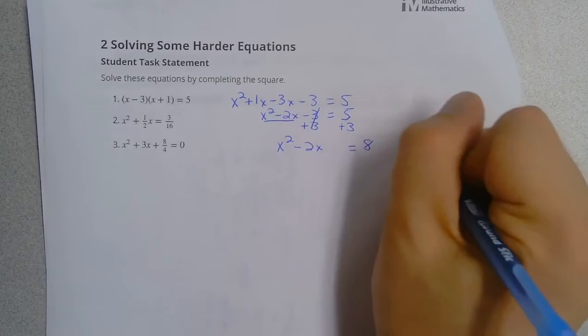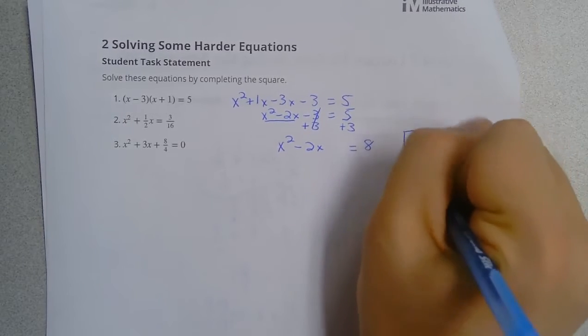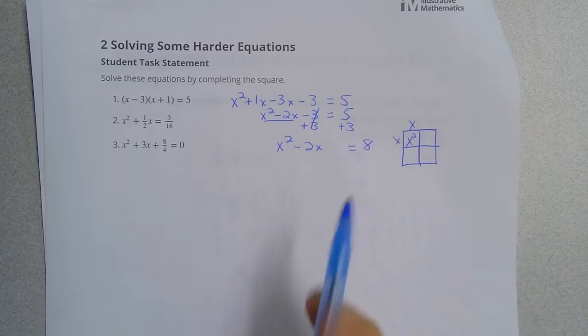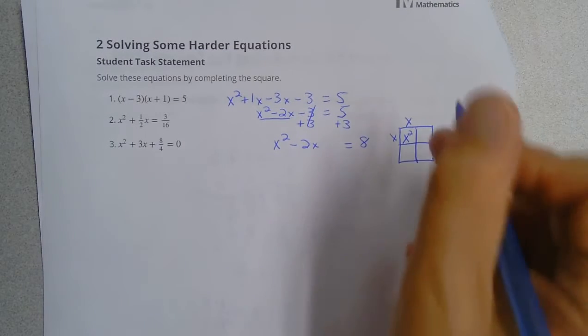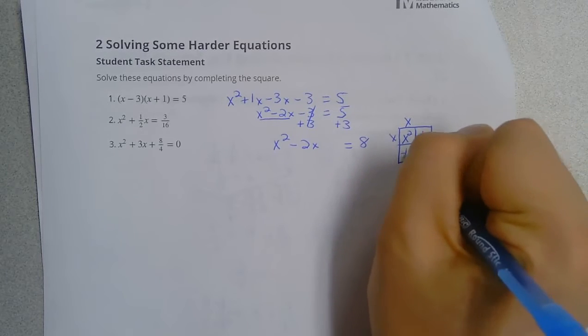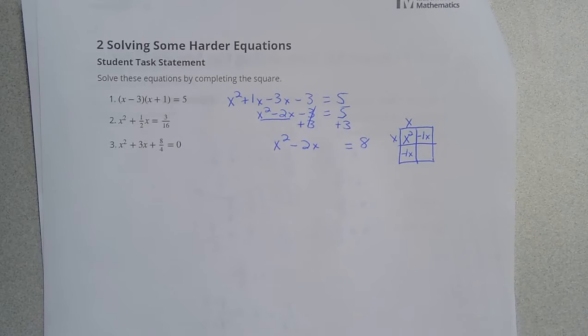In drawing a picture, I have x squared here, which is going to be x and x. And then if I have negative 2x, I'm going to split that into equal parts and have negative 1x on both sides. I write the coefficient of negative 1 because it helps.